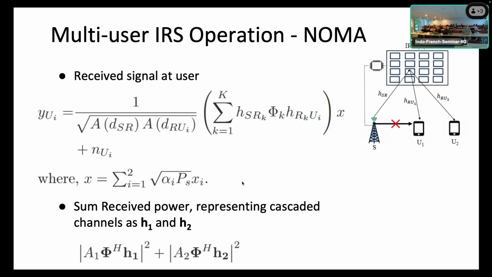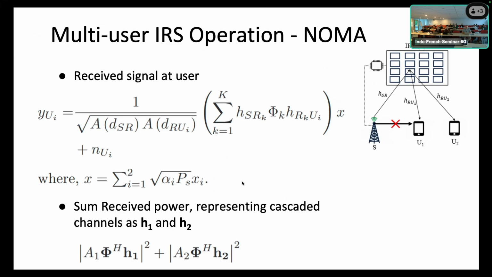When we were simulating this, we had an observation: if we design the phase shift phi looking only at user 1, it doesn't interfere with user 2, and when we design looking at user 2, it doesn't interfere with user 1.